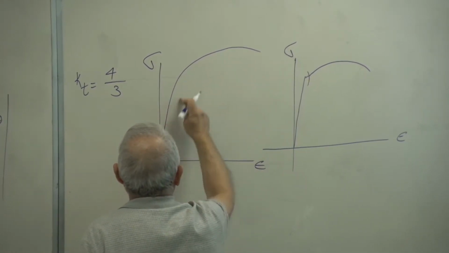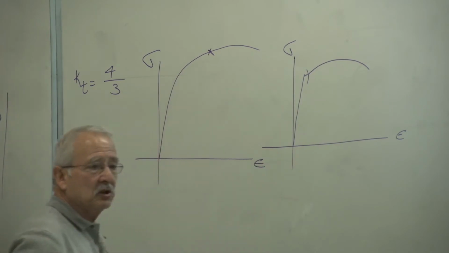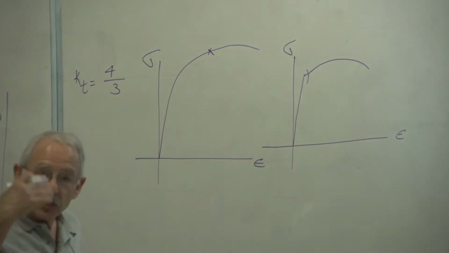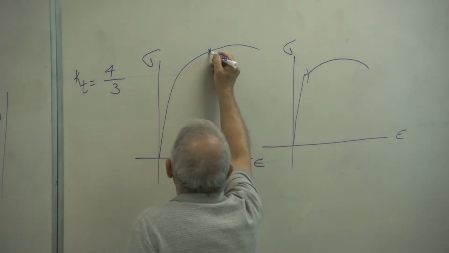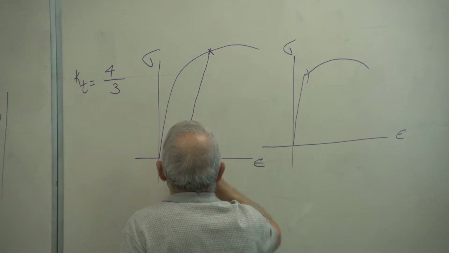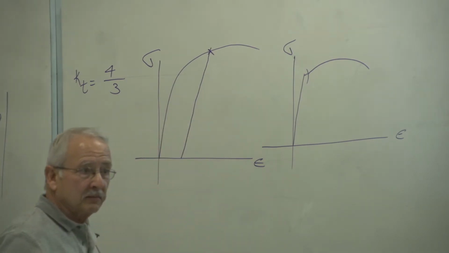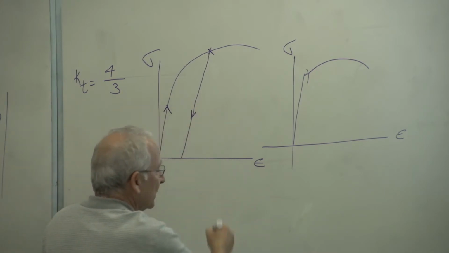That if you load a ductile material to some point past its yield point, and then you unload it, the unloading is elastic even though the loading has some plastic parts, like that. So that's the loading, that's unloading.